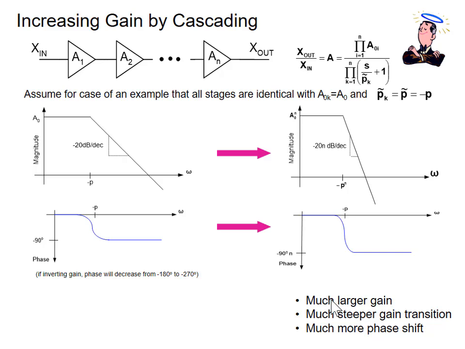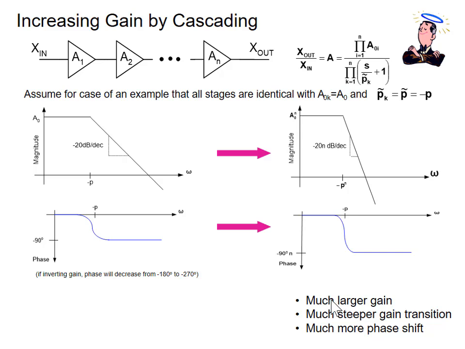Yes? In the multi-stage case, the cutoff frequency is at which point? Like there it is at P, there it is at P. Okay, so if you look at the 3 dB frequency, the 3 dB frequency will just be slightly less than P, because if you look at P, each one is going to be down 3 dB.